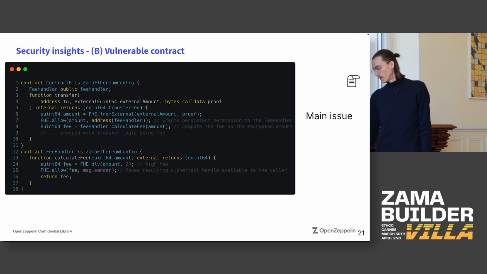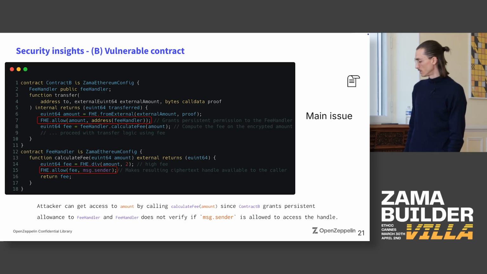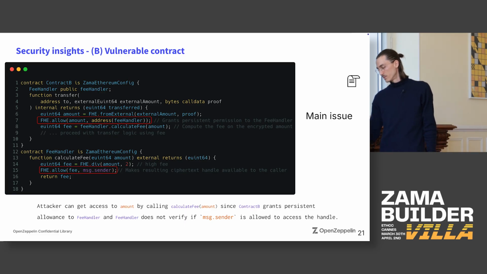Let's take another one. Here we also have a contract which allows to transfer confidential tokens to someone, but there is a small difference: on each transfer, a fee is taken, and this fee is computed inside another contract. The main issue here is that contract B is giving a persistent allowance of the amounts to the fee handler, and also in the fee handler there is no check.